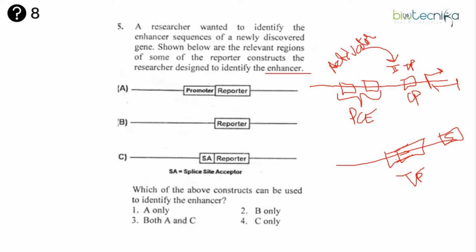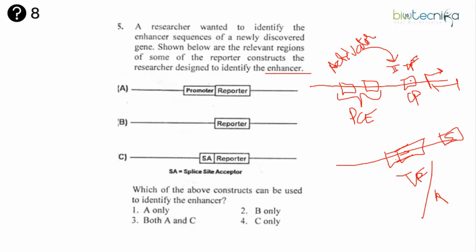Now these transcription factors are not the same as the transcription factors here. Those are basal transcription factors. These are transcription factors, or many times they are also known as activators. Now these factors or activators, when they bind to the enhancer, they can activate the RNA polymerase.